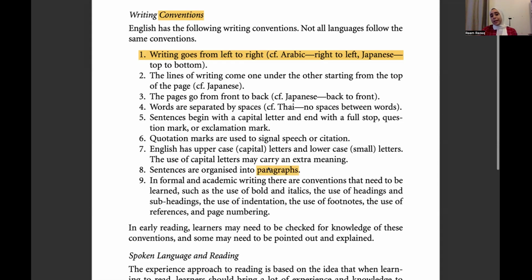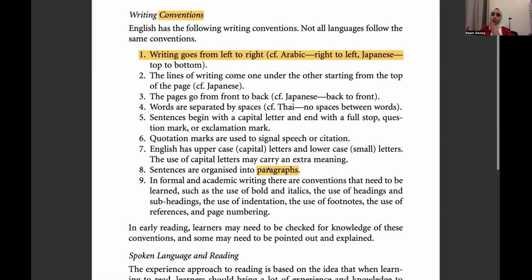In formal and academic writing, there are conventions that we use. For example, the use of bold, headlines, headings and subheadings, footnotes, the use of references, and page numbering. When you write, especially your graduation project, you have to care about these things and attach your references.